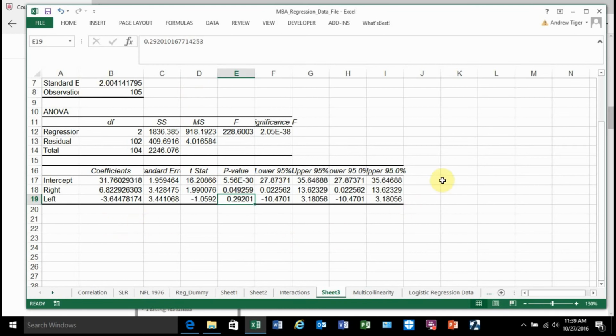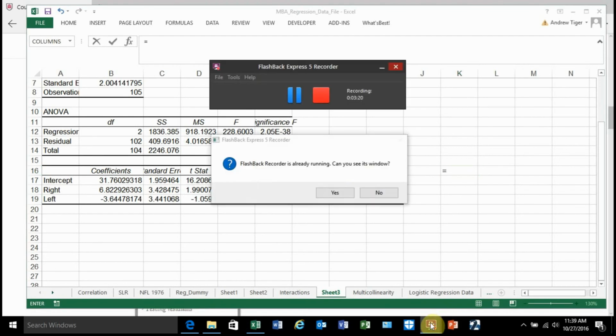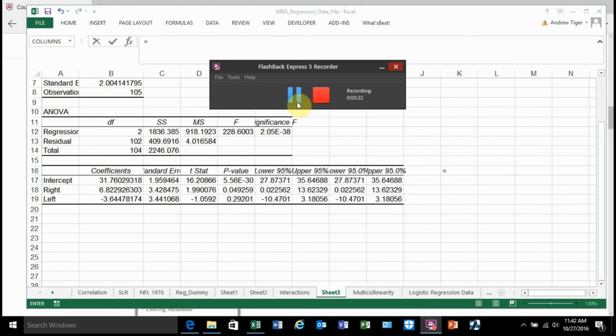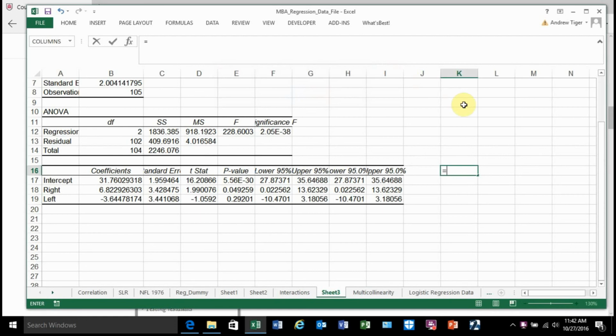More importantly, if we wanted to use this model to predict, and this is the misapplication, let's see.